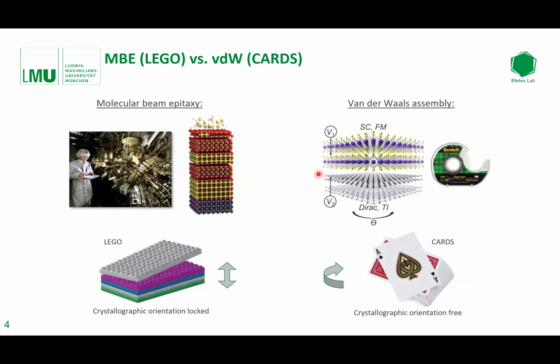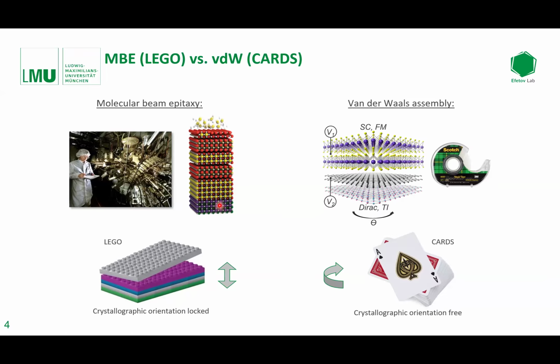Okay, and I have to say this trick of building heterostructures is of course not entirely new. Assembling different materials one on top of another has been going on for decades. In particular, molecular beam epitaxy was one of the most prominent techniques in this business. While the control of molecular beam epitaxy growth is extremely good, it relies on sprinkling individual atoms on a parent substrate and growing these heterostructures layer by layer.